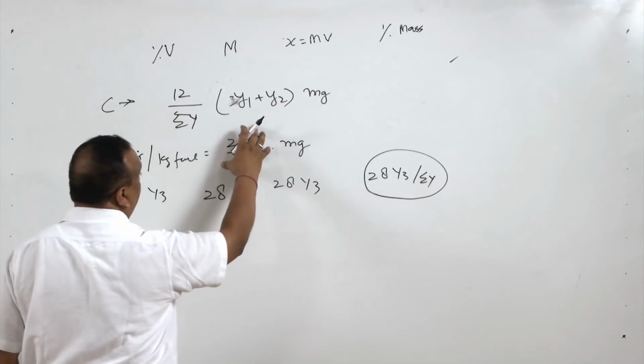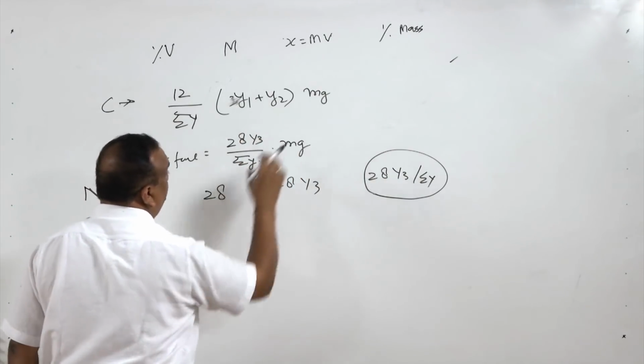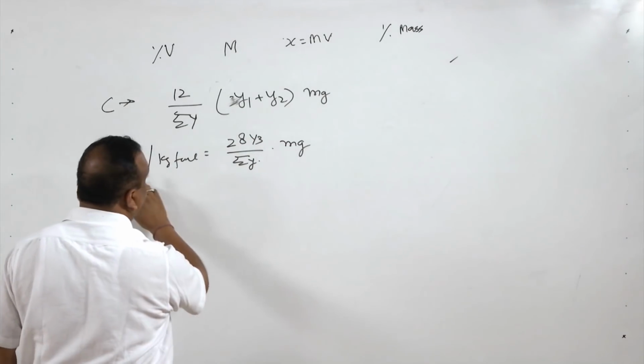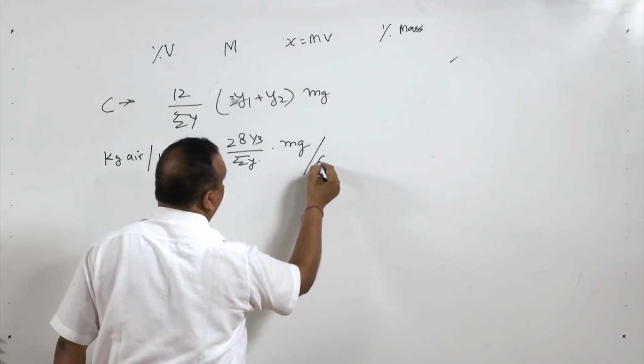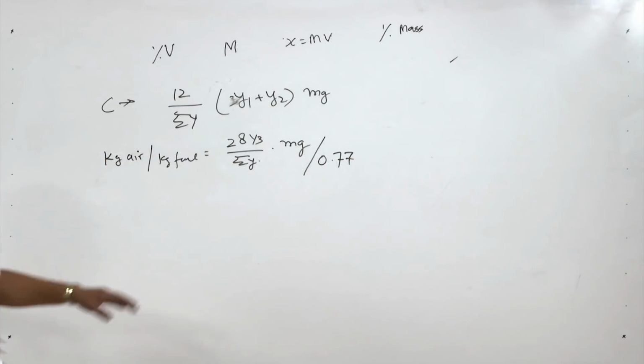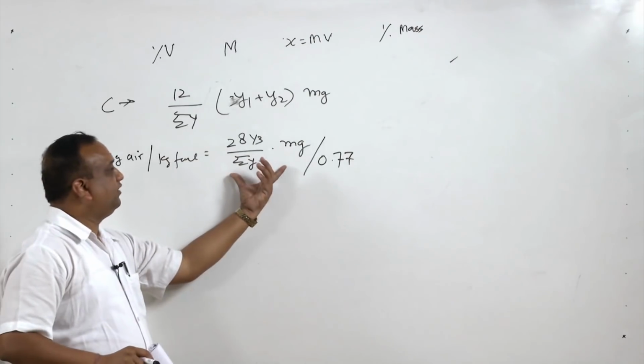This is the nitrogen and it is multiplied by mg here, right? And further, because we have to find air, this has to be divided by 0.77, then we will get air only, otherwise it was nitrogen only. So this is the amount of nitrogen.